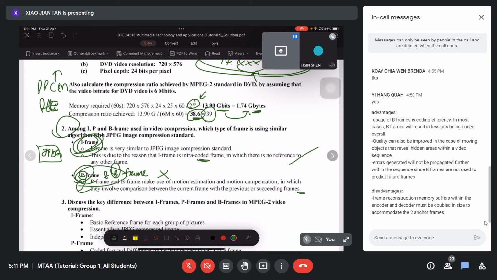Similar algorithm with JPEG compression standard. Okay. I think if I am the one who writes the questions, I think it depends on how you evaluate, I mean how you justify.